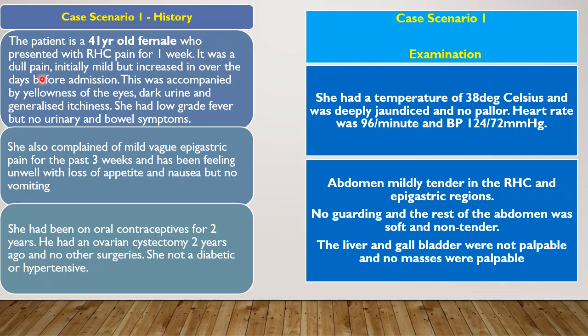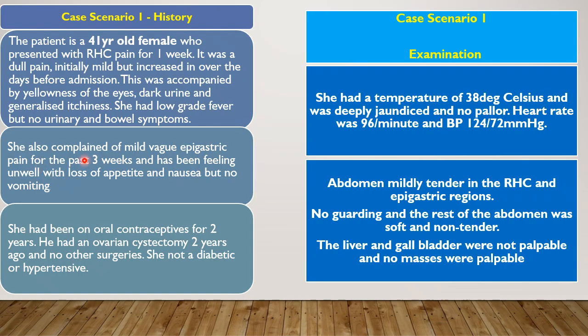It was a dull pain, initially mild but increased over the next few days before admission. This was accompanied by yellowness of the eyes, dark urine, and generalized itchiness over the whole body. She had low-grade fever, but no urinary and bowel symptoms.